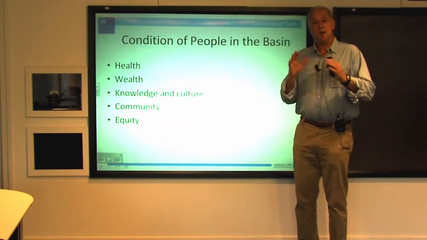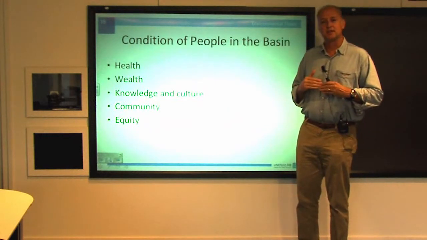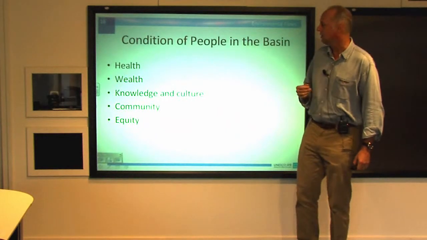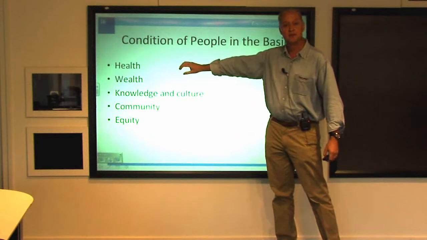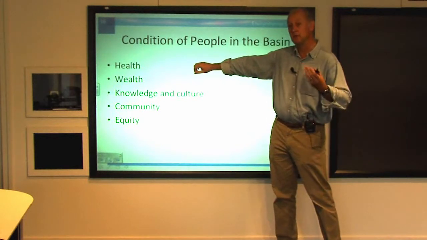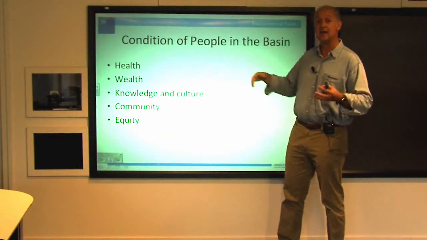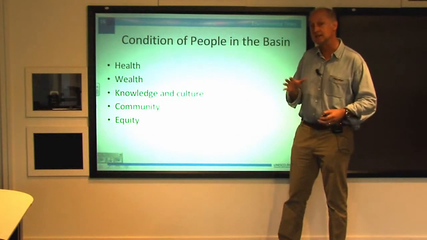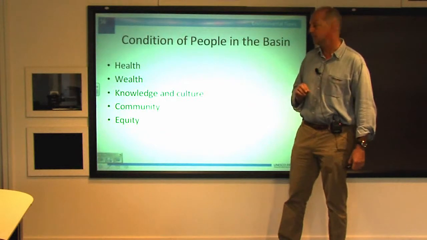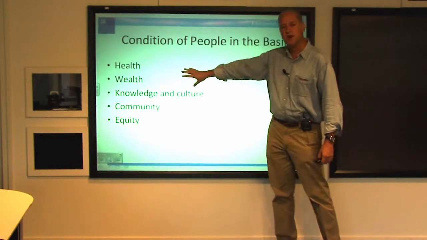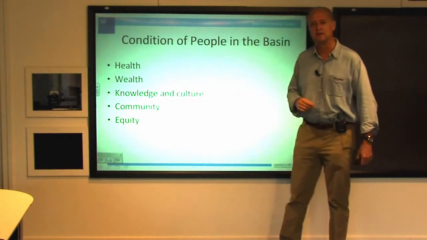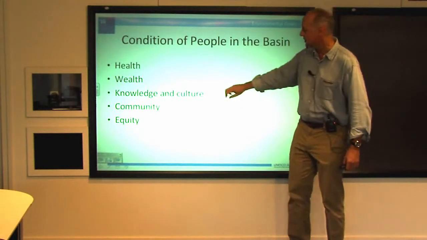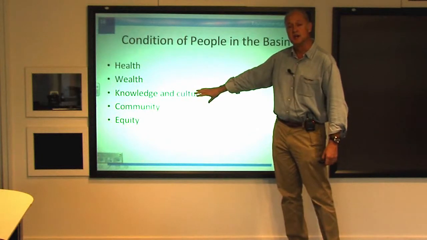Now, I'm not going to go through a lot of slides about conditions of the people, but some of the characteristics that you might look for is information about the health of people in the basin and how that might be related to water quality and the ability of ecosystem services to assist in maintaining higher quality water for people. The level of wealth, the economic welfare of people in the basin is going to be important in many ways to our work. What's the level of knowledge?